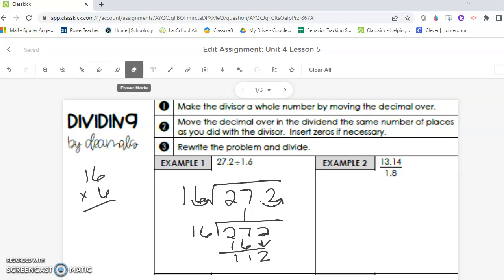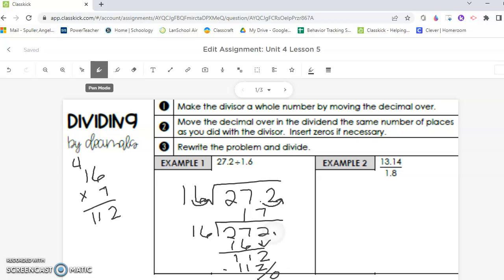How about times 7? 7 times 6 is 42. Get a 4. 7 times 1 plus 4 is 11. Okay, so 7 gives us 112. Subtract, get 0. So our decimal's now here. We can move it up, but we don't really need it because everything's in front. So this is equal to 17.